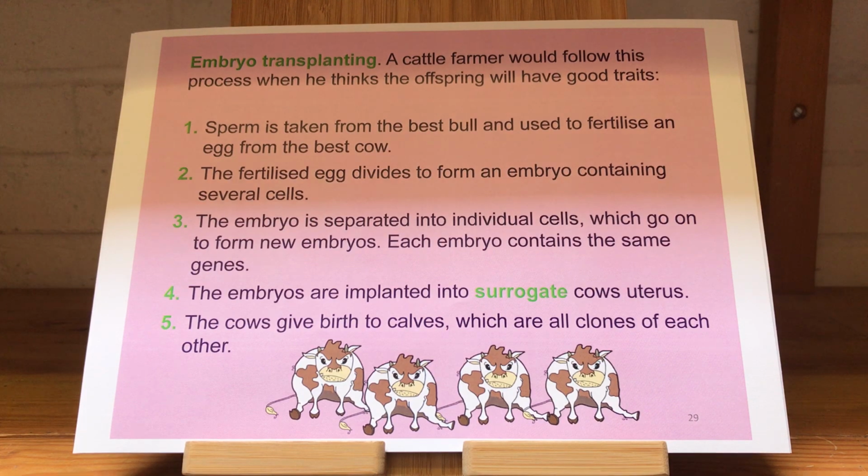Now, what they actually do is they force that to split up to 4 times. So you can see that we've got our 4 individuals at the bottom. Each of those embryos is implanted into a surrogate, into the uterus, and then when the cows give birth, they are all clones of each other. That's embryo transplantation. Think of it as embryos because it's choosing the individuals and they haven't yet existed.